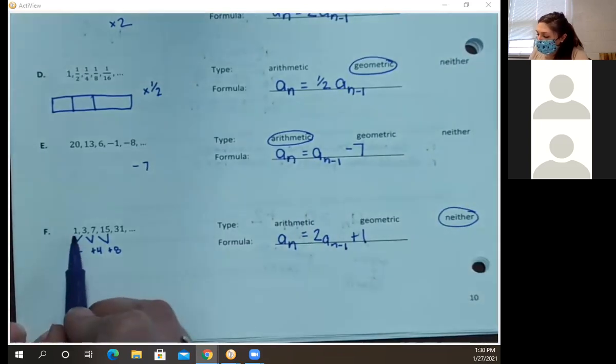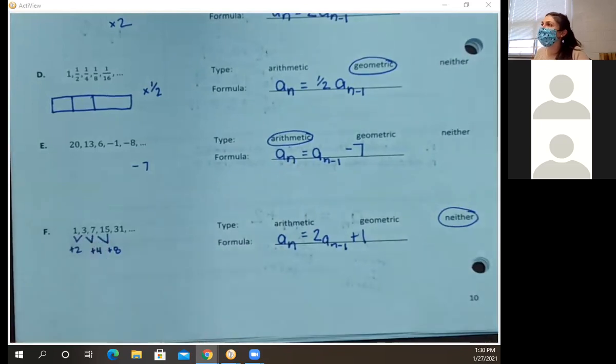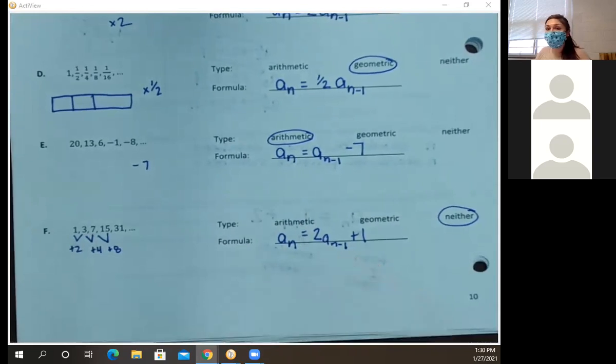So 2 times 1 plus 1 would give me 3. 2 times 3 plus 1 would give me 7. 2 times 7 plus 1 would give me 15. There are potentially other ways that you could describe this. Again, for something that's neither, I'm not going to ask you to give me that formula, just arithmetic and geometric sequences like we did at the top, but I wanted to show you an example of what those recursive formulas could look like.